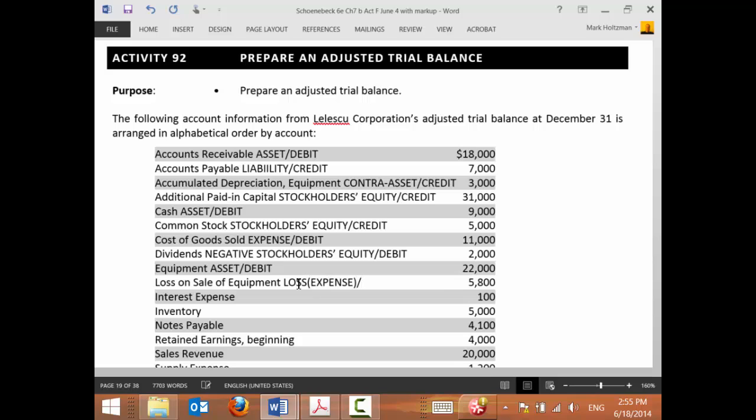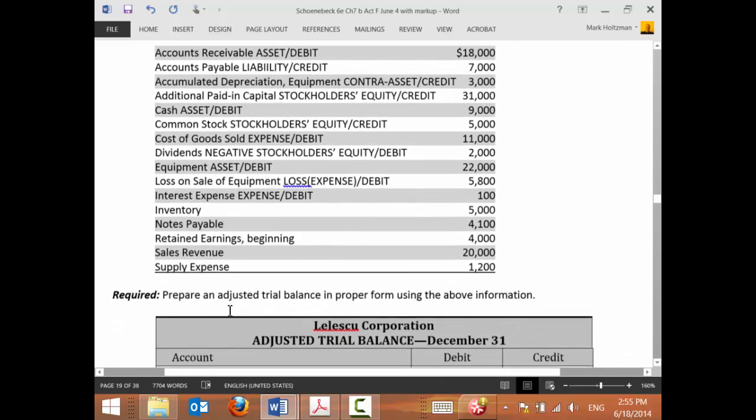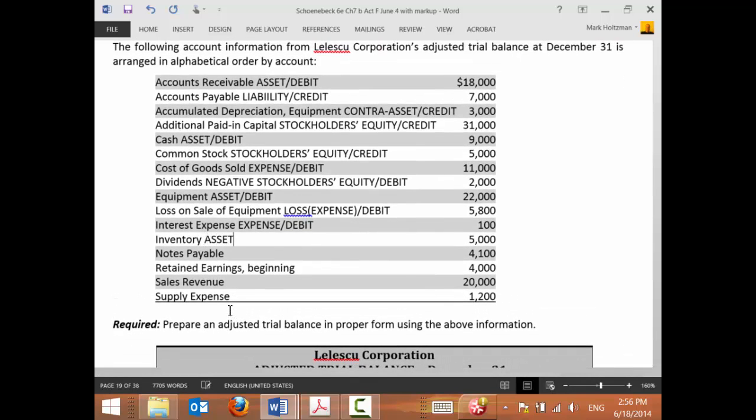What kind of balance will it have? Debit balance. Interest expense, that is an expense account, and that is debit or credit? Debit. Inventory, what kind of account is that? Asset, and it has what kind of a balance? Debit balance.